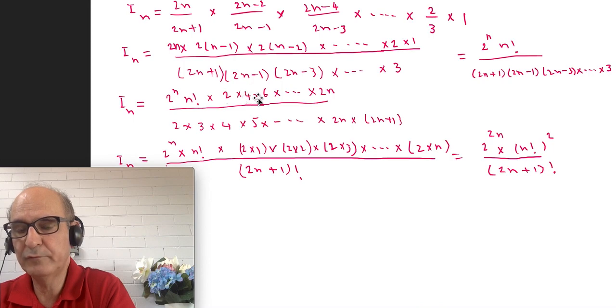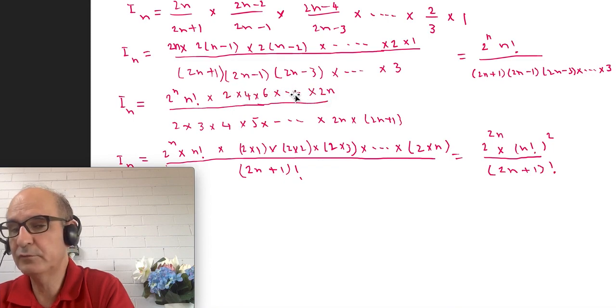So 2 times 4 times 6, up to 2n. And I've done this here because in the denominator I had only odd numbers. These are odd numbers, so I need even numbers. And these are the even numbers that we are going to multiply by: 2 times 4 times 6 times 2n.